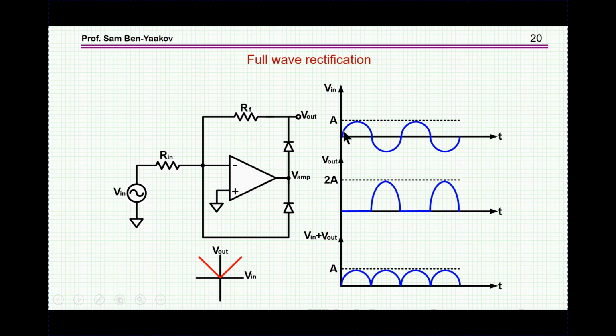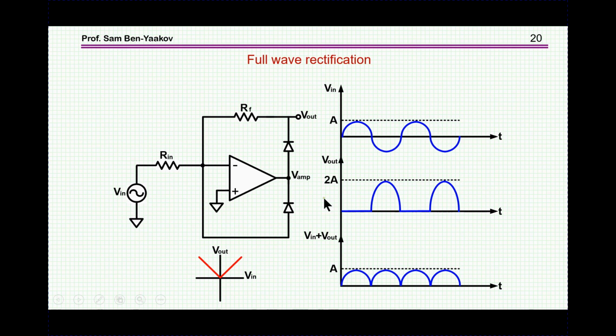this original voltage with a rectified half-wave waveform with a gain of 2, that is, the amplitude here is twice the amplitude here in absolute terms.